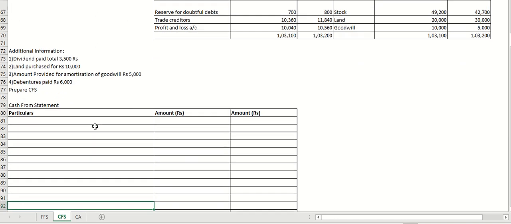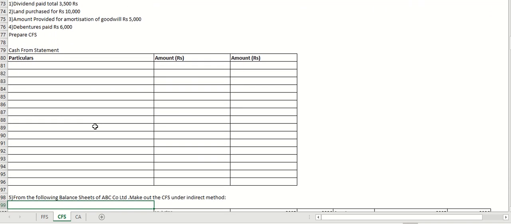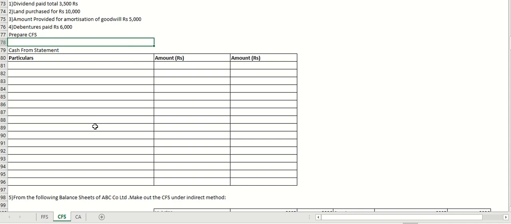So we'll start with the cash flow statement. You start with cash from operating activities. Under that you have been given the net profit.